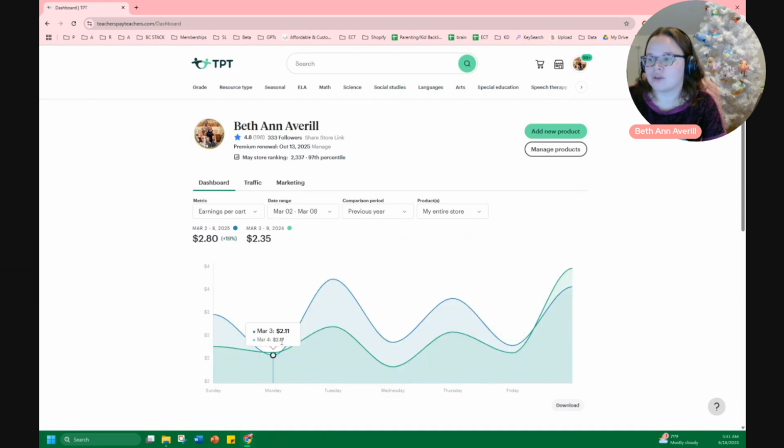So what you can look at here is how you can encourage people to spend higher numbers. If your earnings per cart is low, maybe your product isn't cross-selling well, or you can make a bundle. I would start with a bundle. All right.